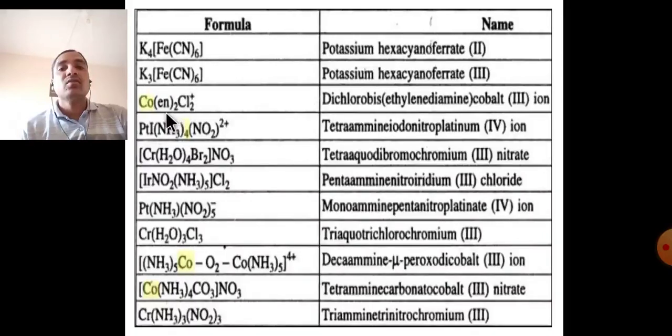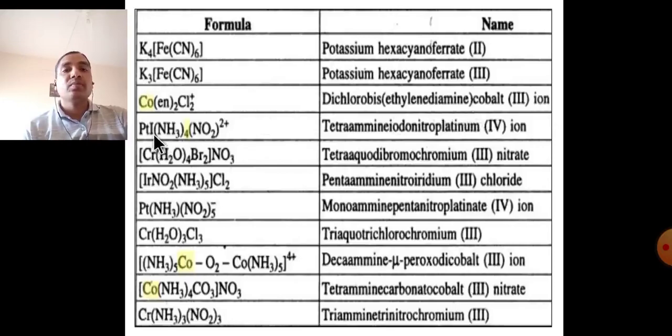In this complex, dichloro comes first alphabetically, then bis(ethylenediamine), because ethylenediamine is a chelating ligand, and complicated ligands take the prefixes bis, tris, tetrakis. So it is dichlorobis(ethylenediamine)cobalt(III) ion.